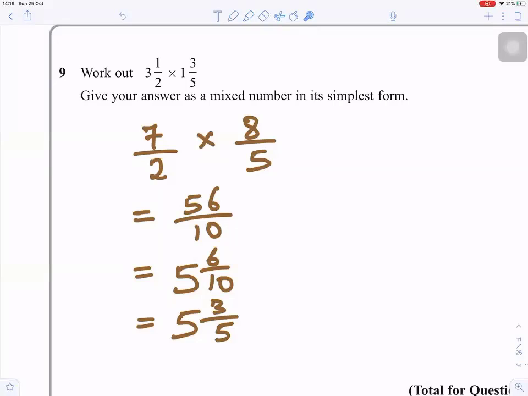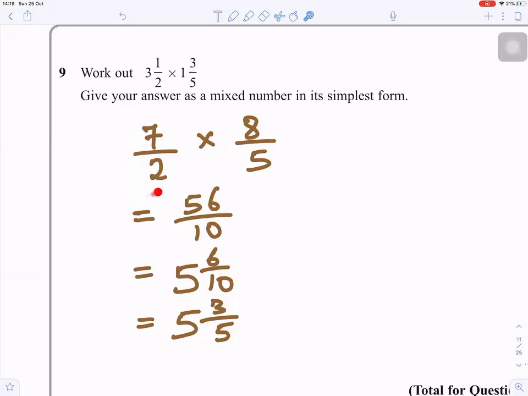Question number 9. Work out 3 1/2 times 1 3/5. Give your answer as a mixed number in its simplest form. To do that, we can change the mixed number 3 1/2 to an improper fraction. 3 times 2 is 6, plus 1 is 7.